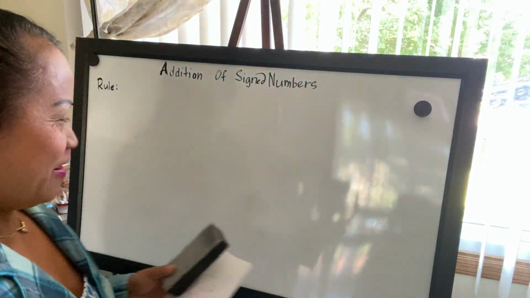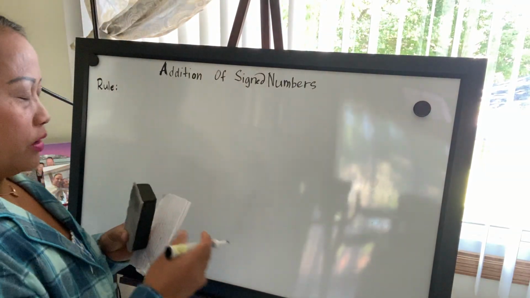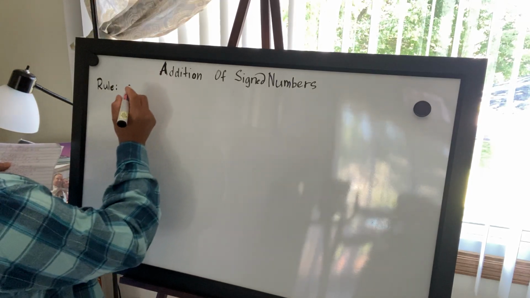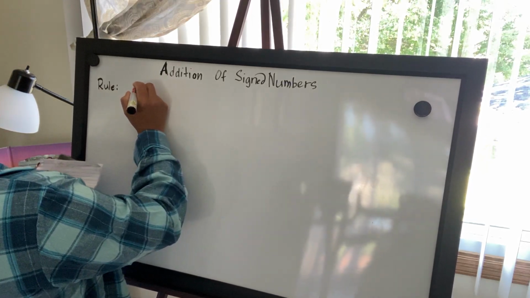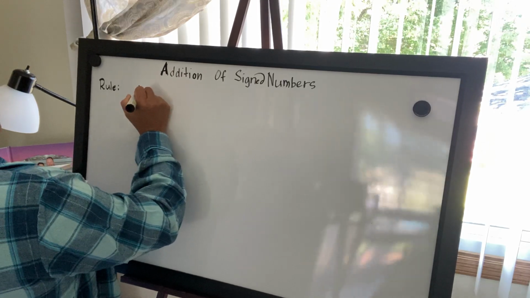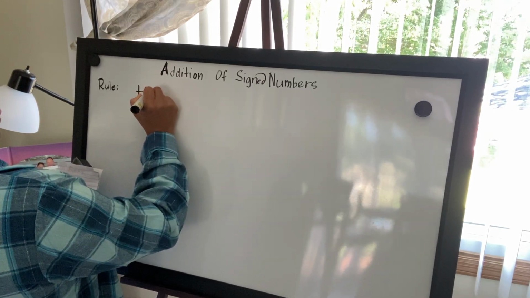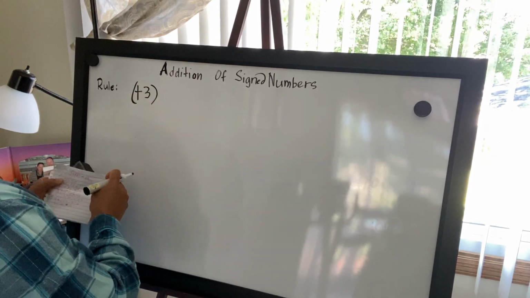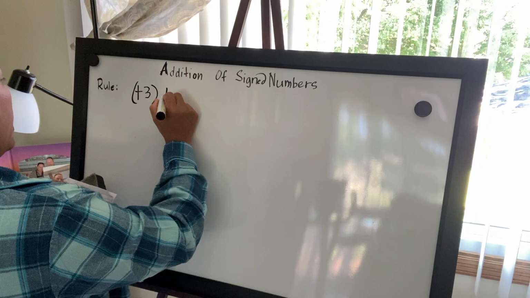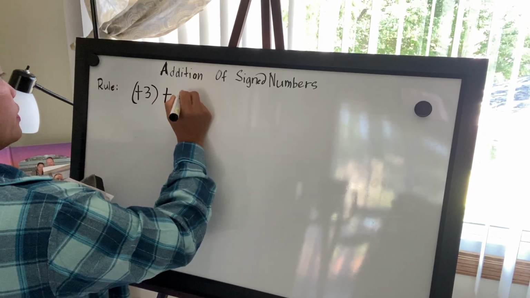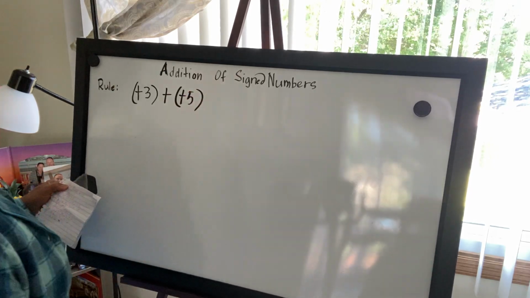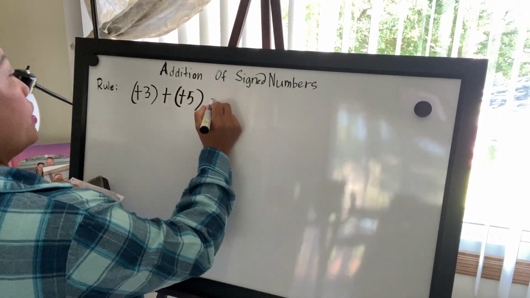Okay? So, another example. I'll give you another example. Positive 3 plus positive 5 equals.